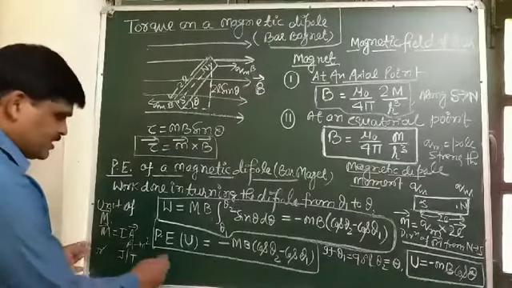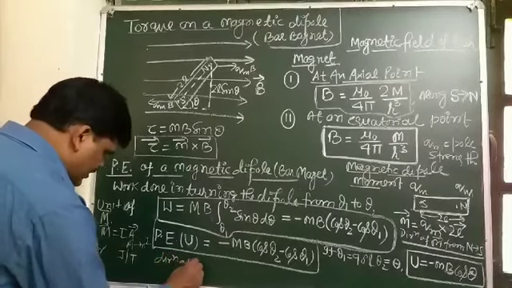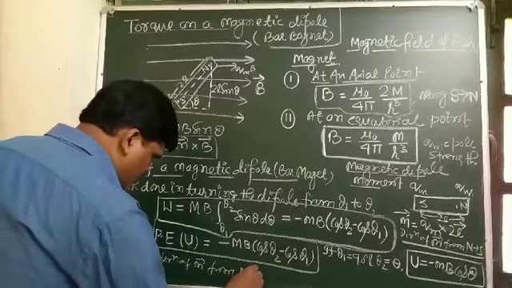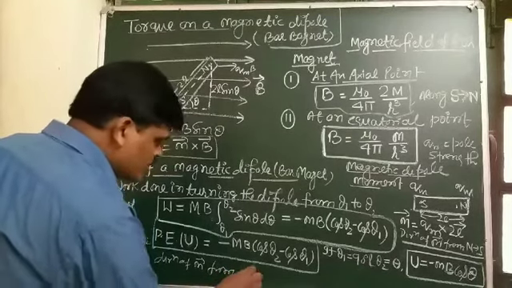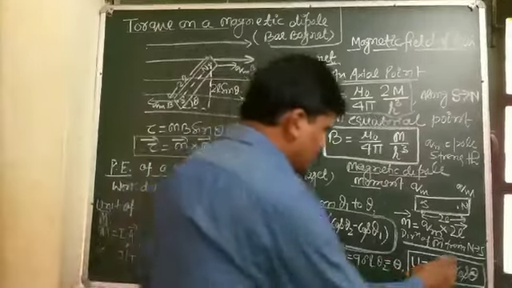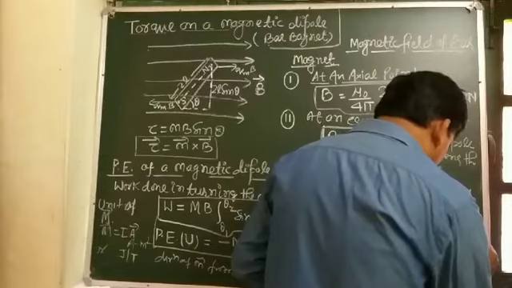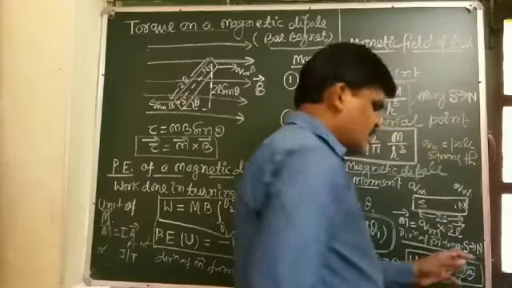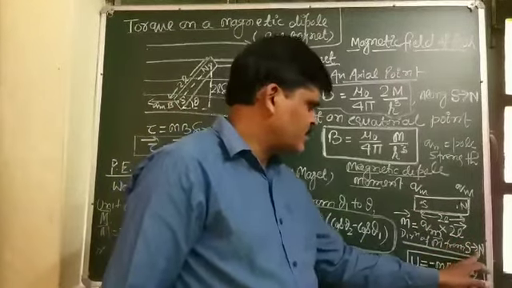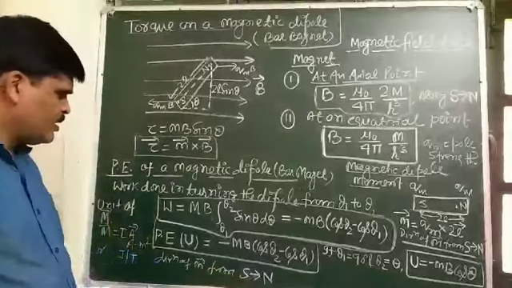And the direction of M, the magnetic moment, is from the south pole to the north pole, not N to S. So the direction of the magnetic moment is from south pole to north pole.